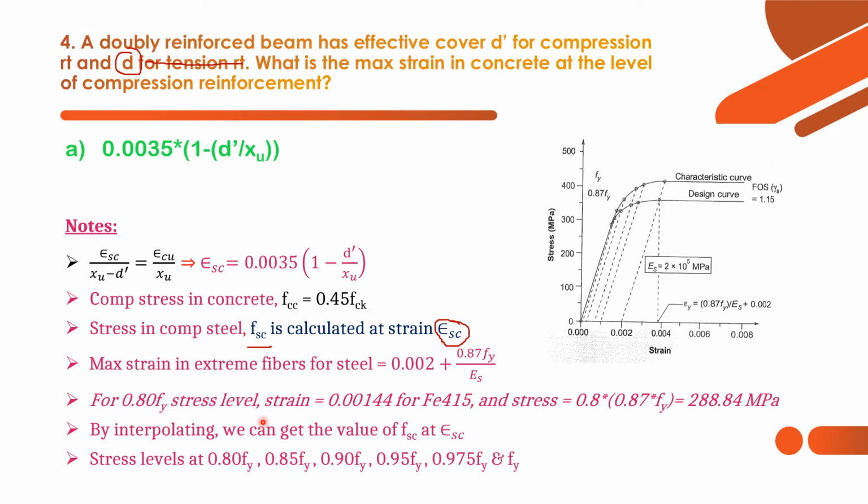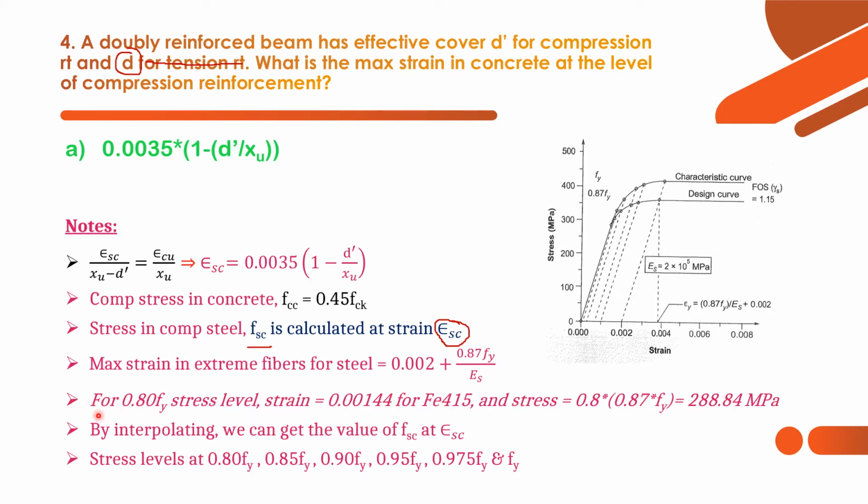For example, we are calculating the strain for the 0.8 fy stress level. Actually, fy is 415, considering Fe 415 steel grade, so 0.87 fy will be like this, and 0.8 fy, 0.9 fy, 0.97 fy. At these stress levels, we can calculate the corresponding strain.